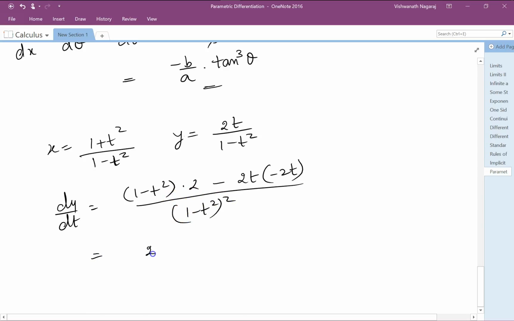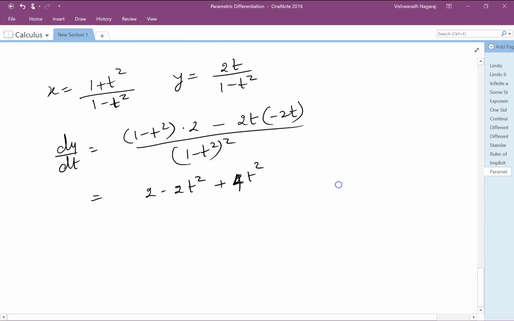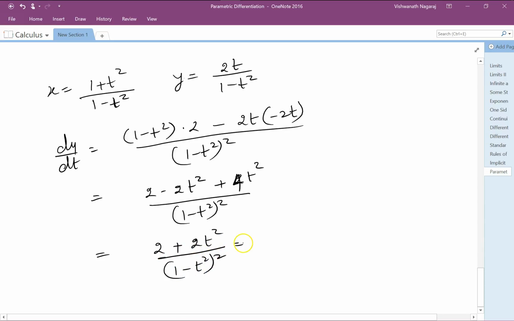This would be 2 minus 2t square plus 4t square by 1 minus t square the whole square, which is 2 plus 2t square by 1 minus t square the whole square. Let's take 2 common out, so 1 plus t square by 1 minus t square the whole square.